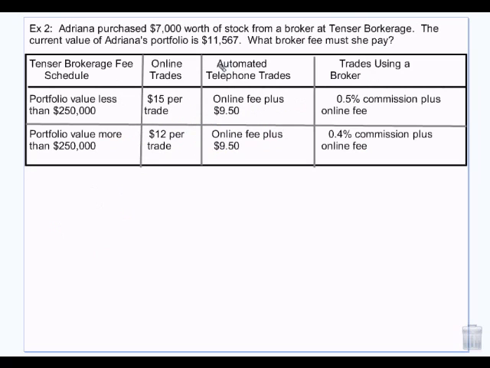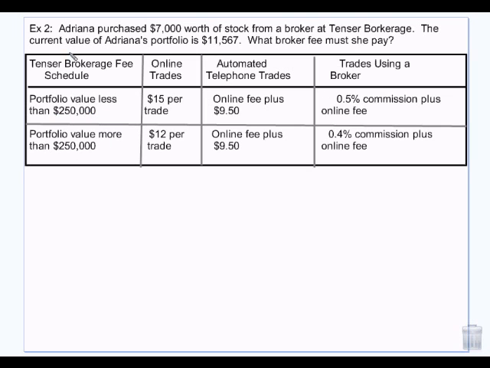You pay one price. If you use a telephone, you pay the online fee plus another convenience fee for calling on the phone. Or if you use a broker, you pay the fee plus a commission. They'll do that based on how much money you're giving them to play with.